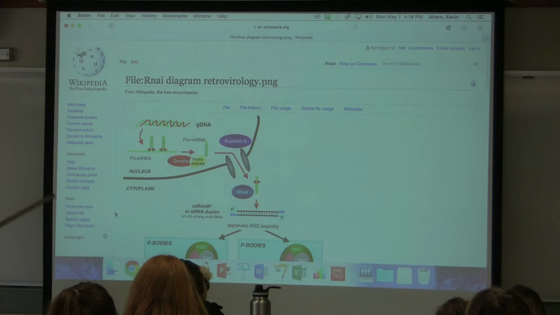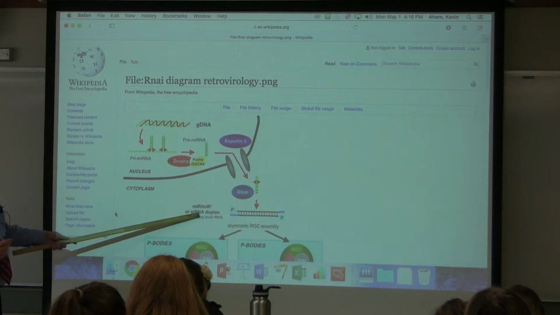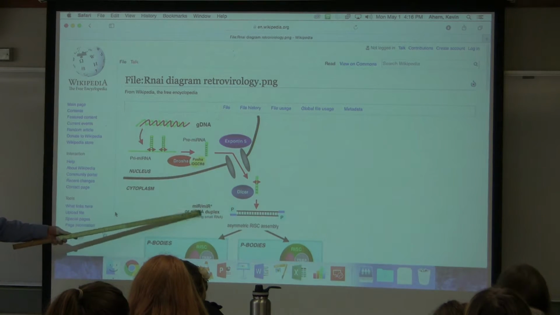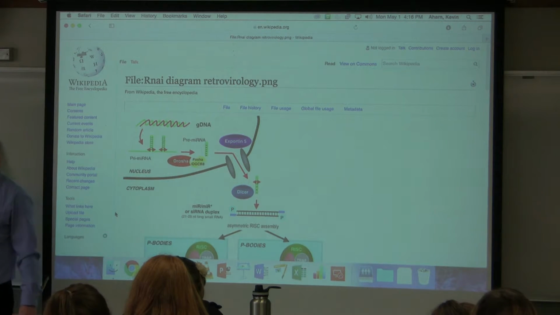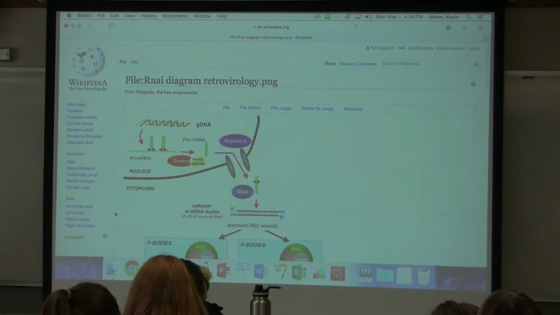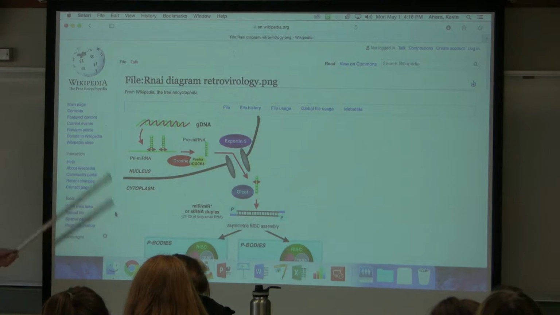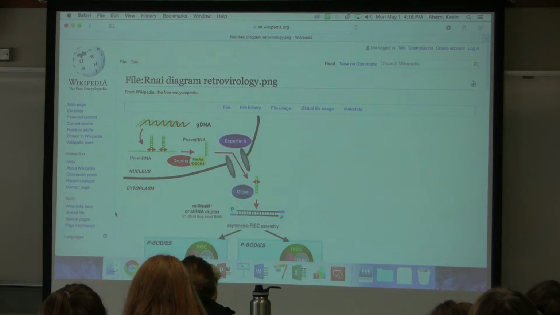So this microRNA complex or siRNA complex, that's what they're both essentially for our purposes the same thing. These complexes allow the cell to stop synthesis of a specific protein, whether that's a viral protein or whether that's a cellular protein. That makes sense?